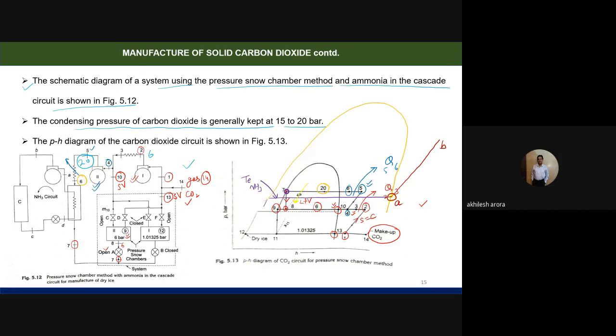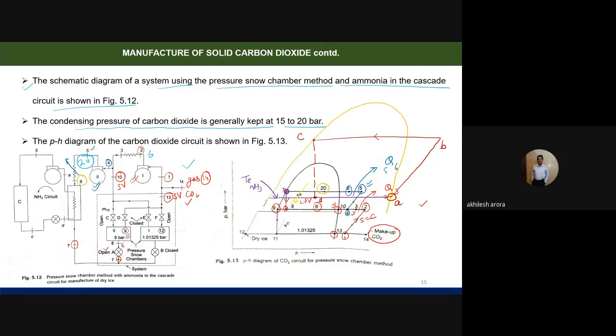From B to C, the condensation will take place, and from here this is the expansion of the ammonia in the expansion valve, and this is point number D. So this is how the ammonia cycle will take place.